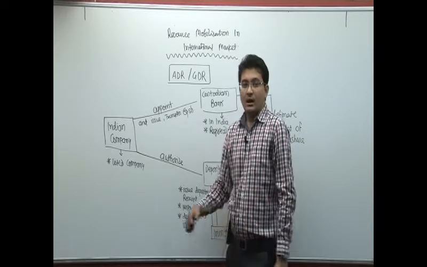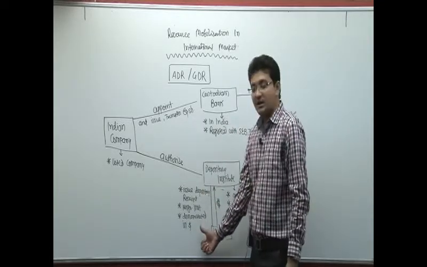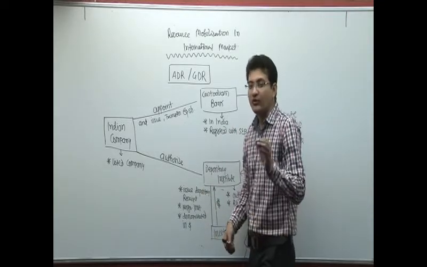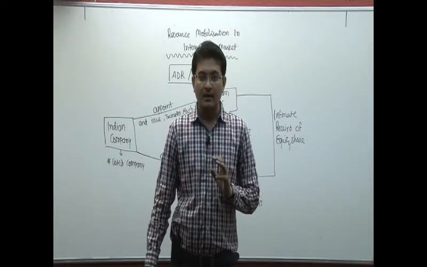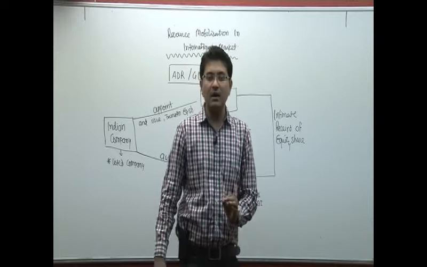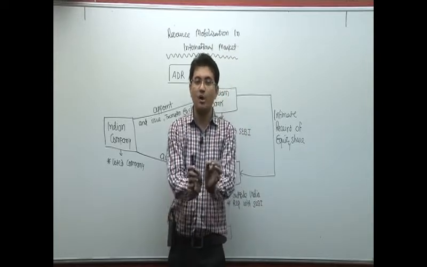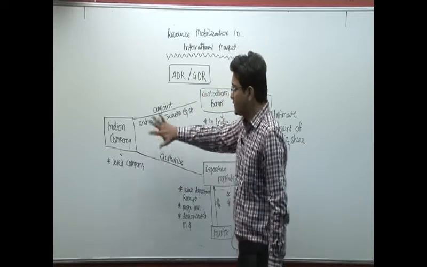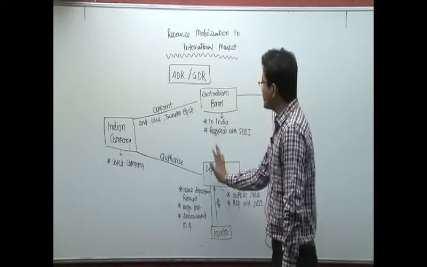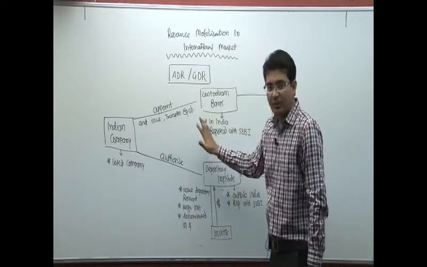Then the depository receipt issued is always in foreign currency denomination. The amount mentioned in the depository receipt is always in the foreign currency. So this is how the entire scheme of ADR and GDR operates.